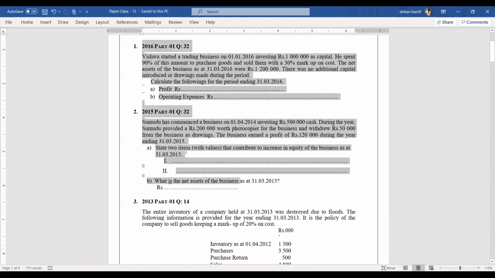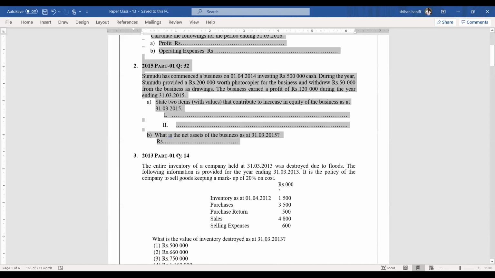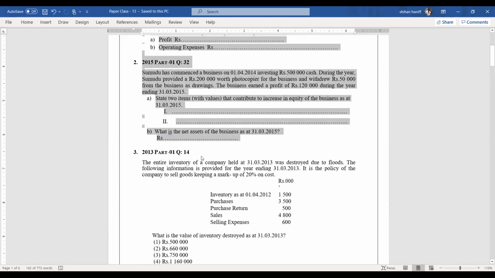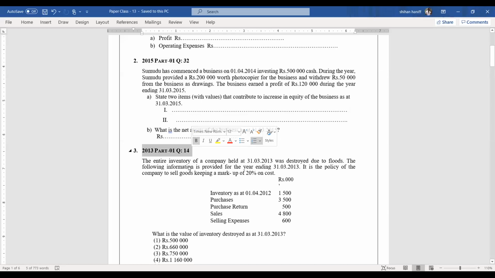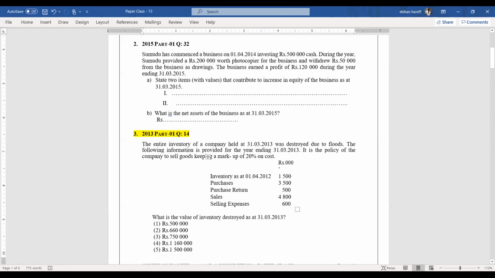Let's start from 2013 part 1, question number 14. This is a past paper question from the 2013 A level paper. So let's do this question.